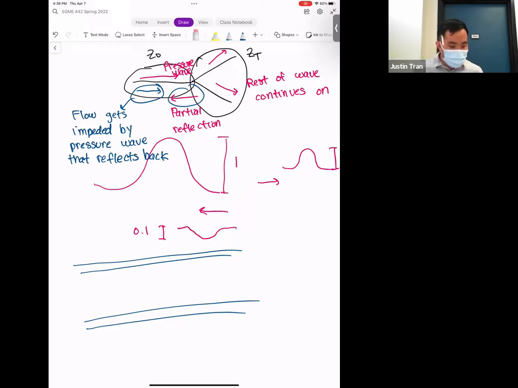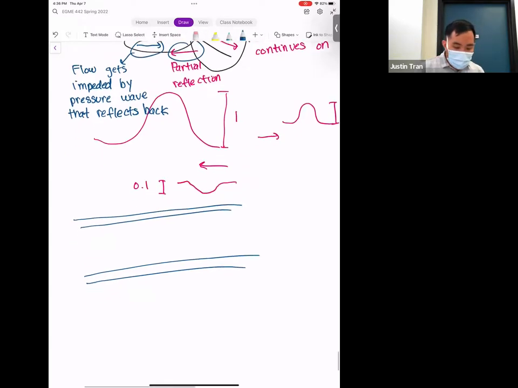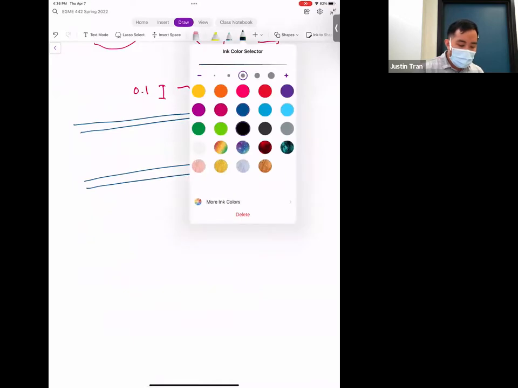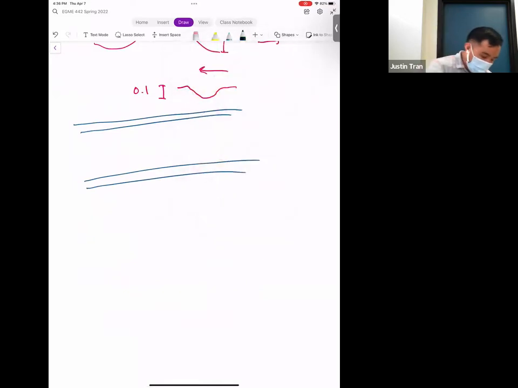Okay, so that's the reflection coefficient. And so let's go ahead and bring this back to our solution. If you recall from last class, we started this whole journey with the 1D equations, and ultimately what we wanted to solve for were expressions for the pressure and flow inside these vessels, accounting for this impedance.